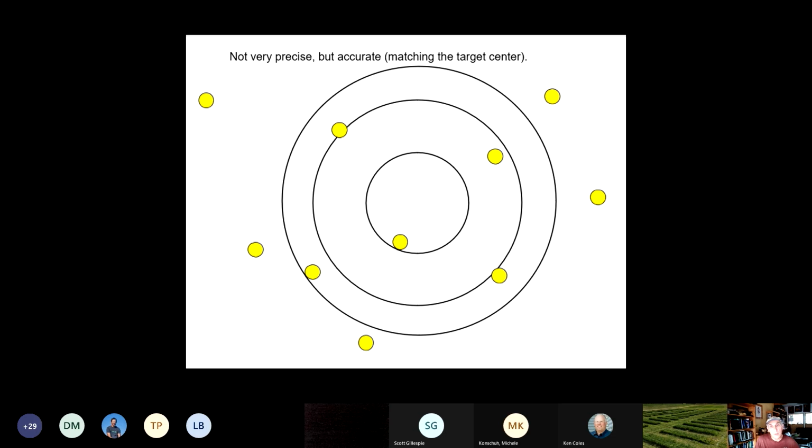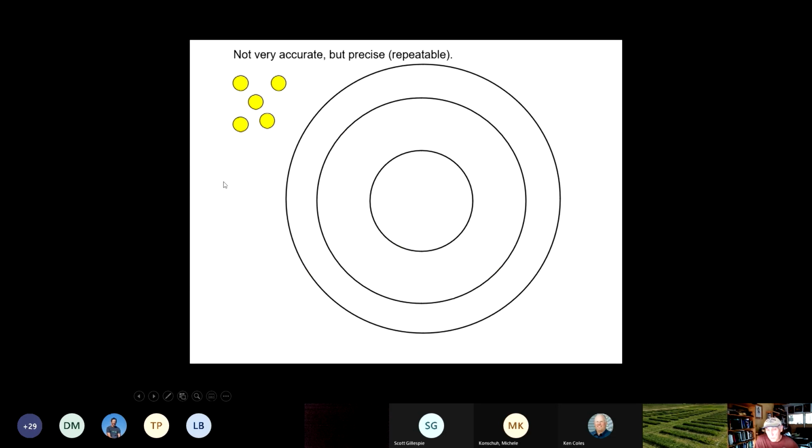But precision is low in this particular example, but accuracy is high. If you looked at the average of all the points in this example, it's pretty well in the center of the target. So that's accurate, not precise. This one's very precise, but it's not accurate. High precision without accuracy is still a good thing. All you have to do is shift those sights, and then you're shooting quite well, right?